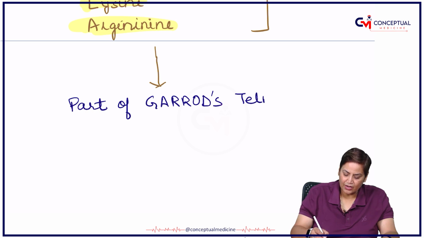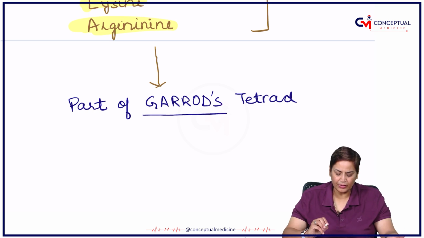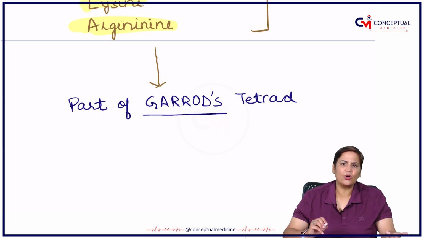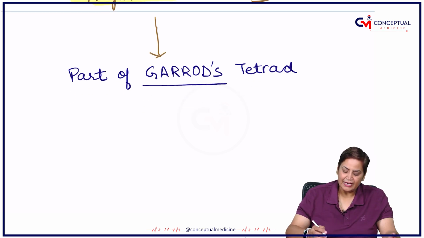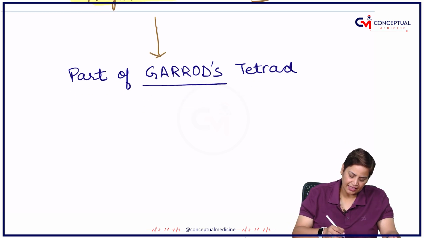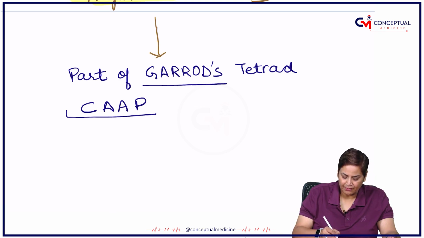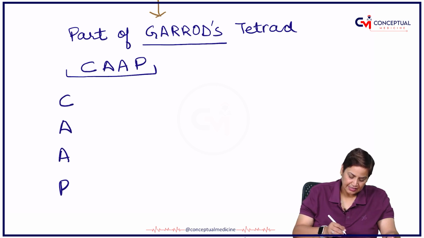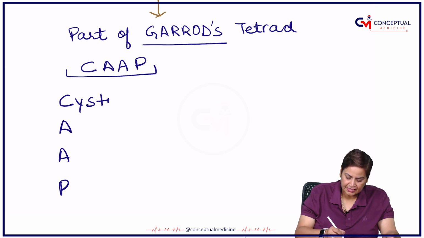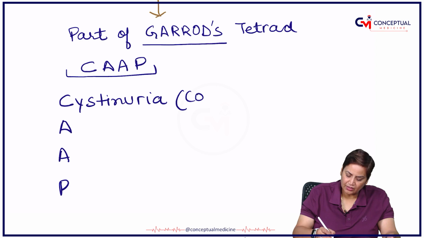And who is this Garrod? Garrod was basically a scientist or a doctor who gave the concept of tetrad, where again the mnemonic is CAP. Very, very important, where C stands for cystinuria. Again cystinuria, COLA.